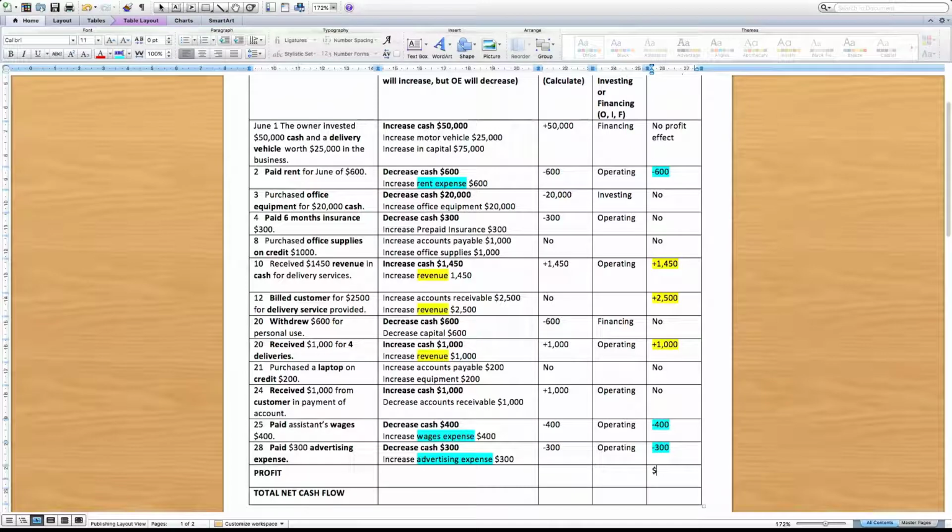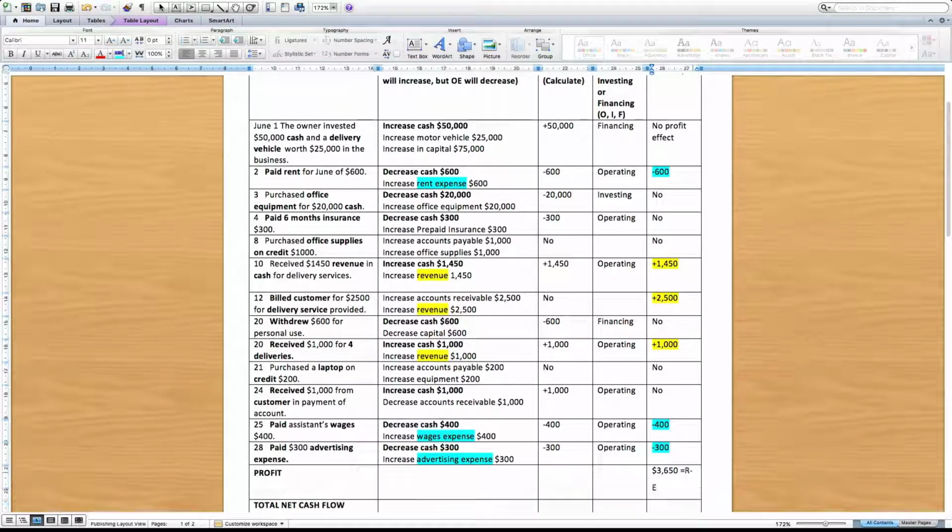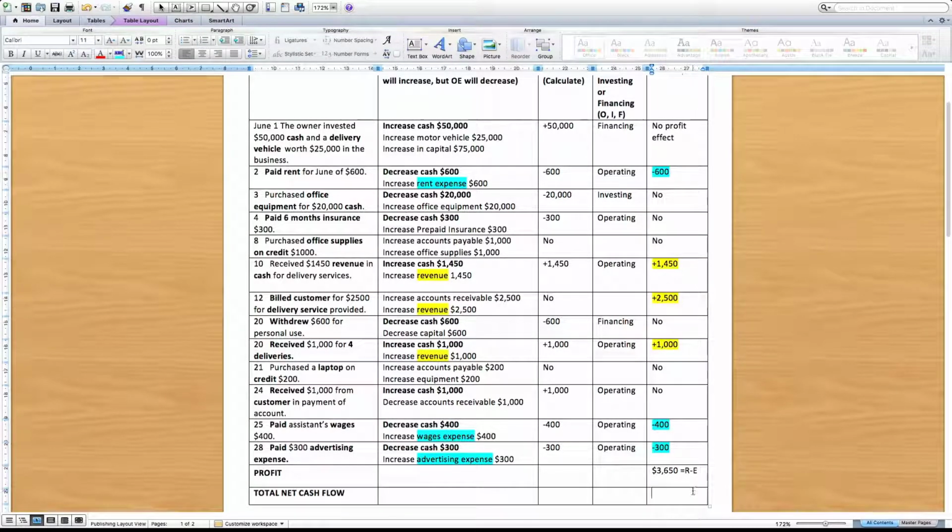So in total, what we should have is $3,650. Okay, so that equals the revenue minus your expenses. Okay, and that's profit.